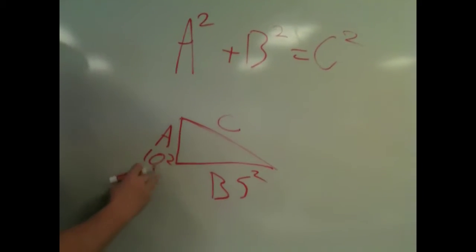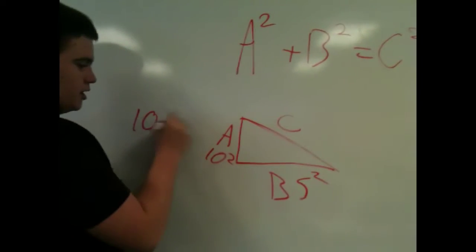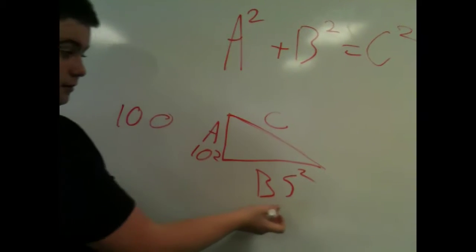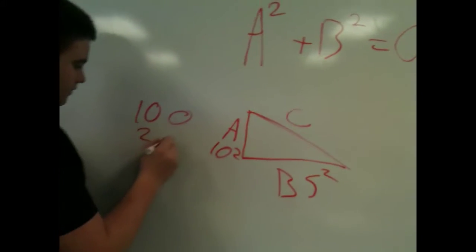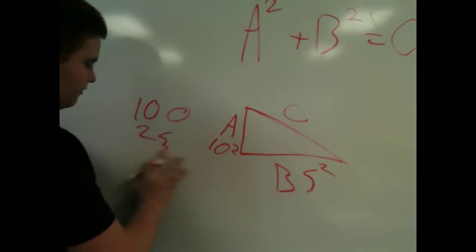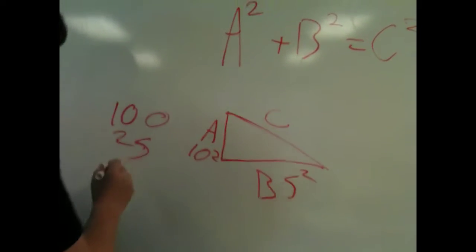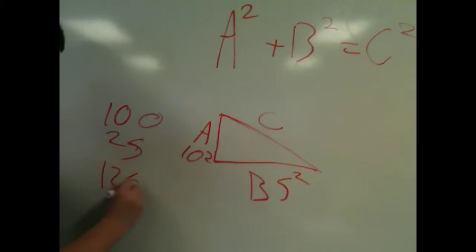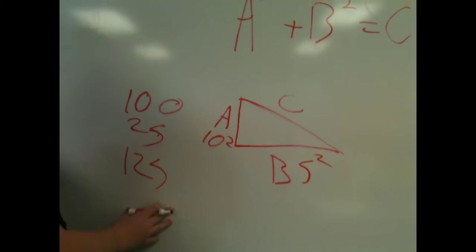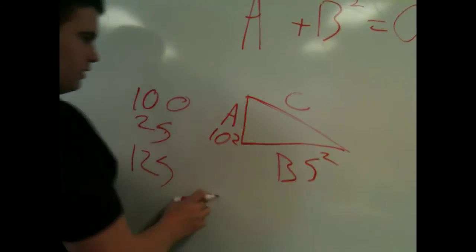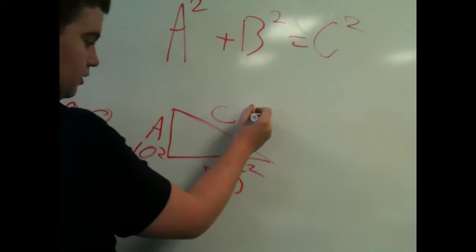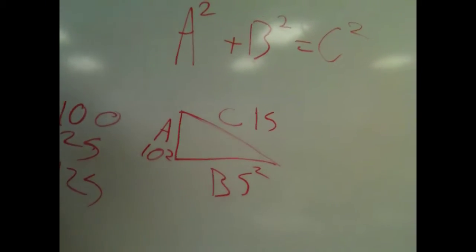If we do the math, 10 times 10 equals 100, and 5 times 5 is 25. You guessed it, that was a bad 5. It should equal 125, and c up here should be 15.